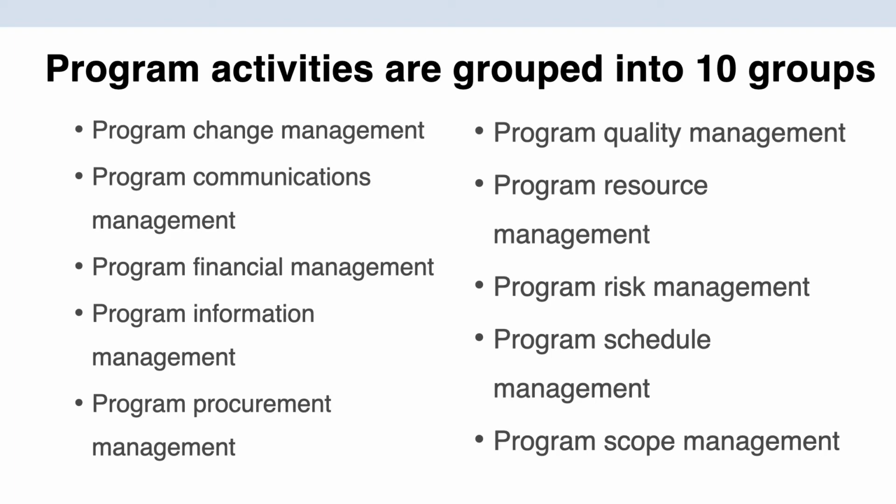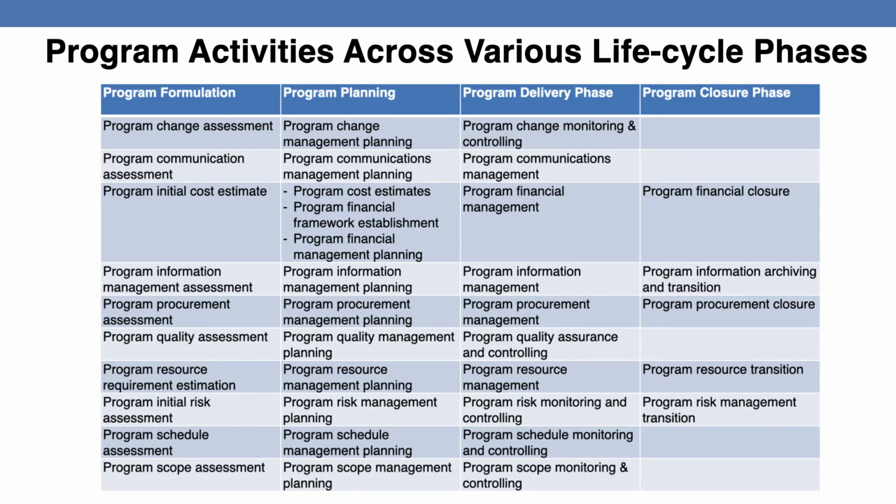Now let's dive into what these activities are. So I know this chart can seem intimidating, but we are going to break this down row by row. The first thing I want you to know here is that each row represents one activity group. So for example, the first row is change management, the second one is communications management, and so on.